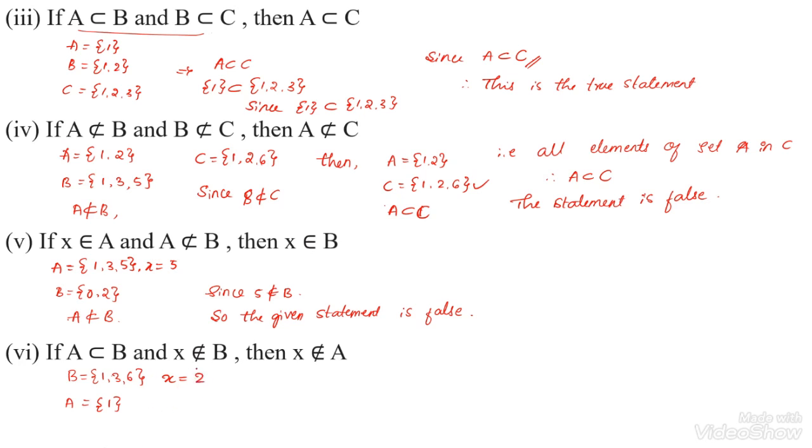The element 2 does not belong to set B, so it also does not belong to A. When it is not an element of set B, B is the main set and A is the smaller set.